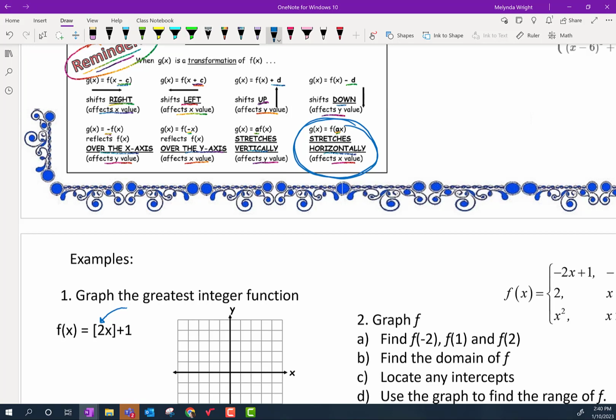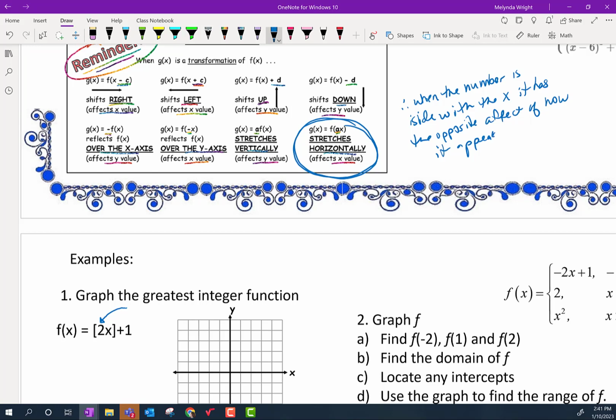Let's make ourselves a note here: when the number is inside with the x, it has the opposite effect of how it appears.